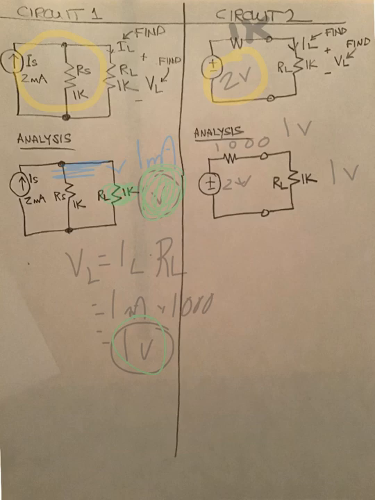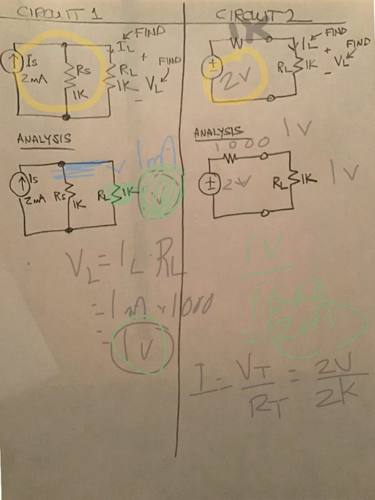So far the voltages have matched up, and of course 1 volt divided by 1,000 is 2 milliamps. You could have calculated this as the current, the voltage divided by the total resistance, 2 volts divided by 2K, 2 volts.